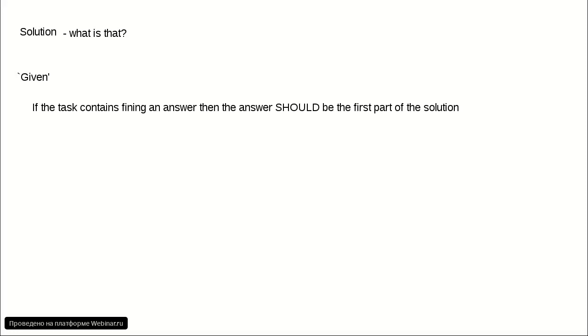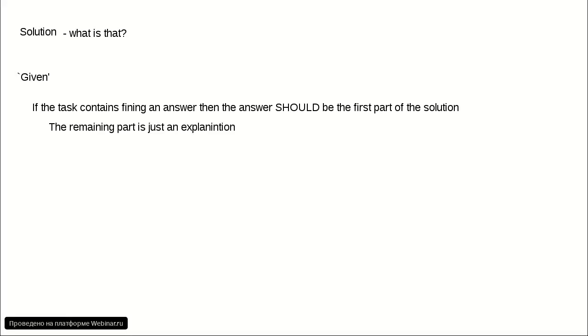The remaining part is just an explanation why it is the answer, because usually we should write down all the answers which are supposed in this problem, right?